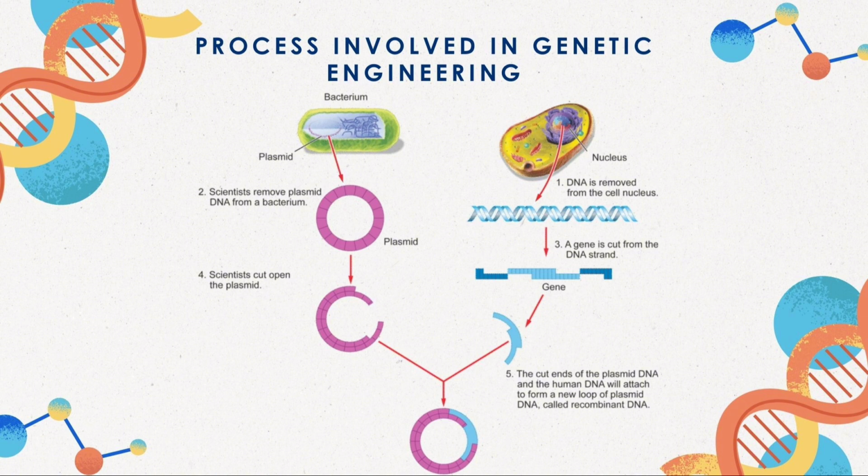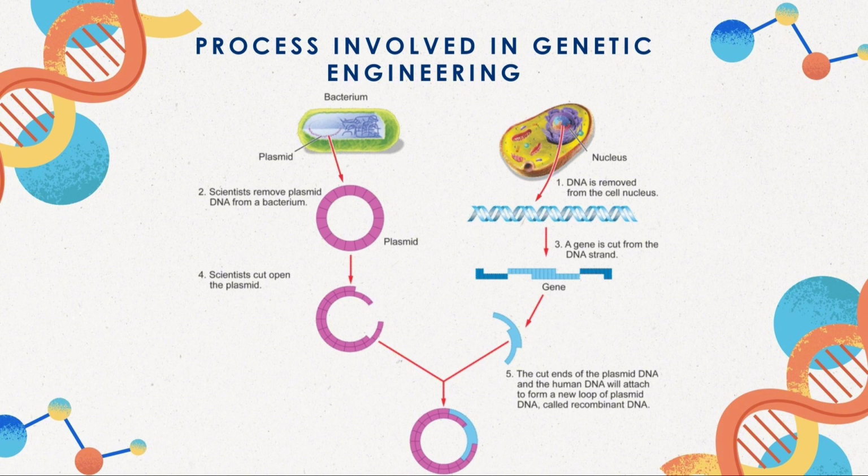The cut ends of plasmid DNA and the parent DNA will attach to form a new loop of plasmid DNA called recombinant DNA. The gene of interest is inserted into the plasmid, and the cut ends of plasmid DNA and the foreign DNA are ligated together using DNA ligase.